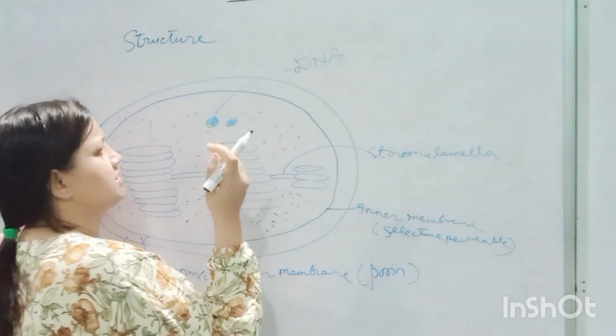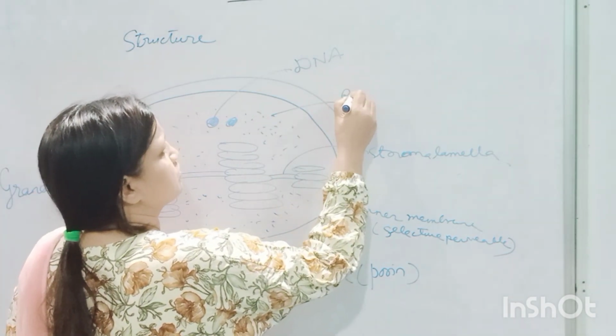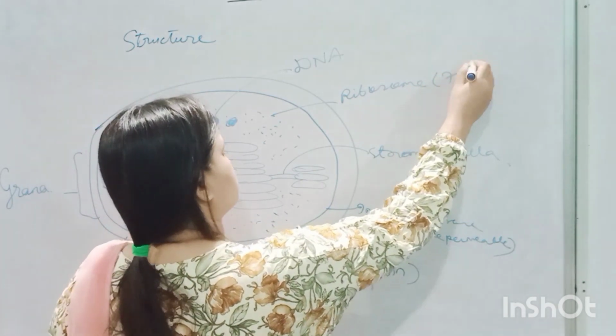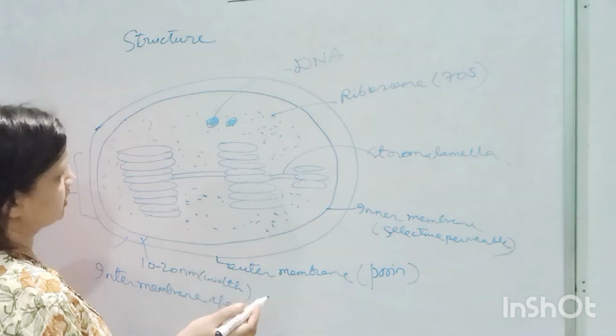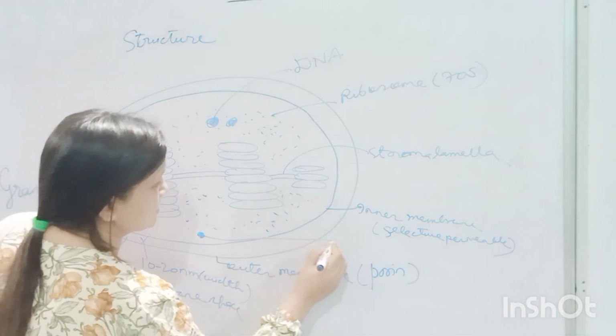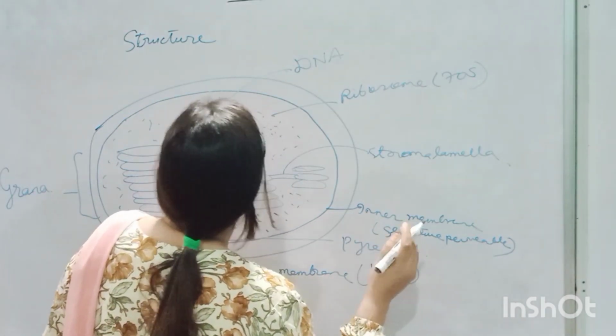Ribosome is also present, which is 70S. Pyrenoid is also present, which is reserve food here.